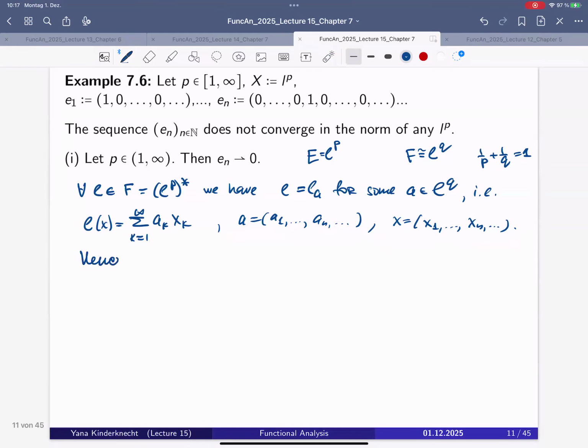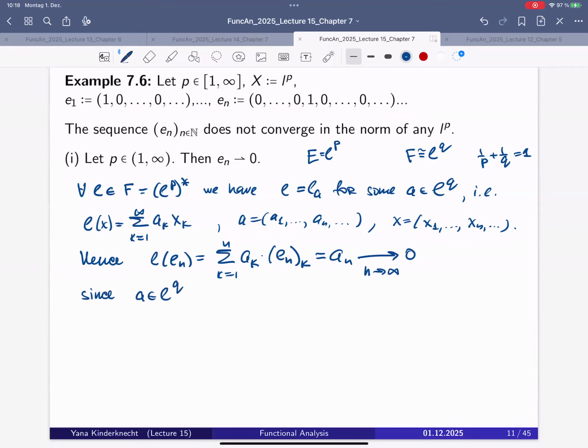Hence, how does this linear functional L act on the elements of this sequence? L applied to En is as follows. The sum K from 1 to infinity, AK times the kth coordinate of vector En. But this is nothing else but An. And this converges to 0 when n tends to infinity, since A belongs to LQ.